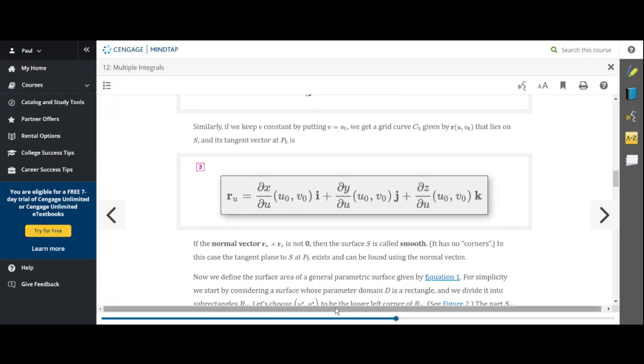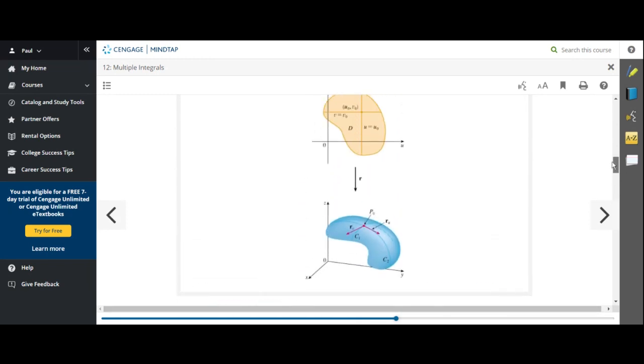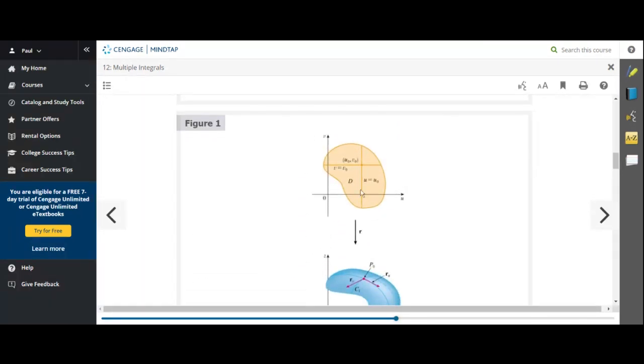Let's think in terms of what you already know. The u and v variables form some region D, not in the xy plane, but in the uv plane.